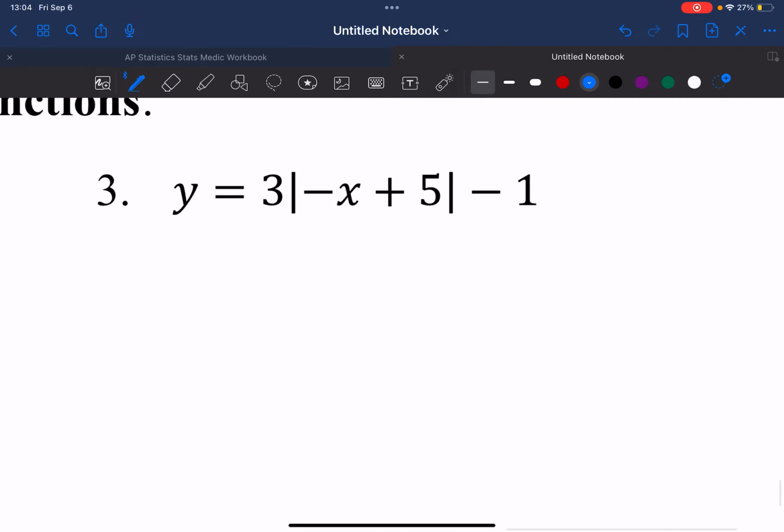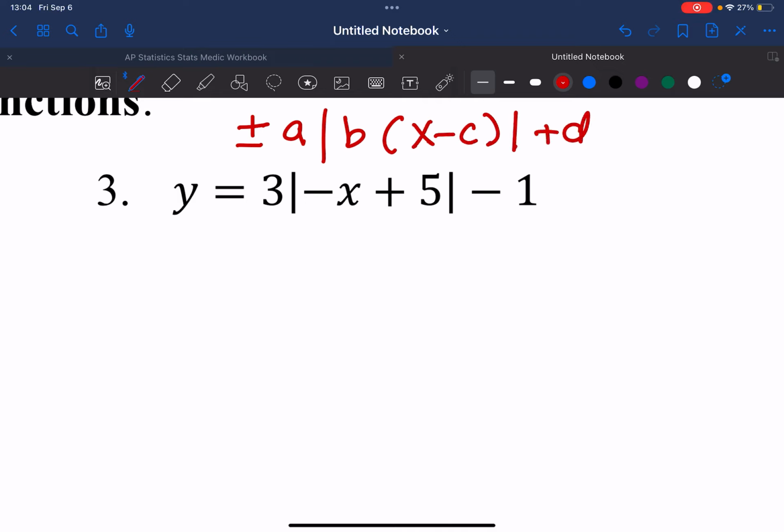Okay, now let's look at number 3. So number 3 is a little off, okay, because remember, if we look at that formula, we have plus or minus A, absolute value of B, parentheses x minus C, plus D. Okay, inside those parentheses, we should just have x, not negative x. So this tells me that I have a B value.